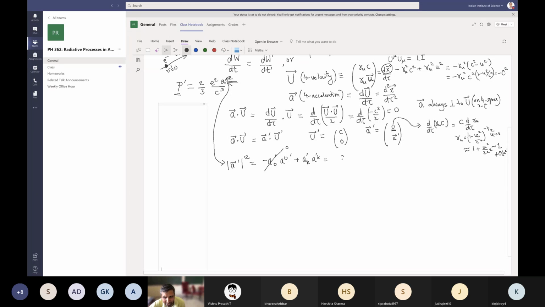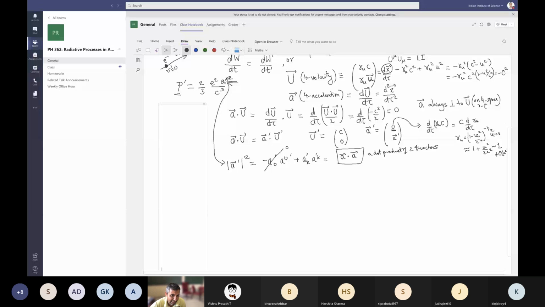So a prime square, the 4 vector square, is equal to that, and that is a Lorentz invariant. Basically this is equal to this dot this, a dot product of 2 4 vectors. So this is a Lorentz invariant.